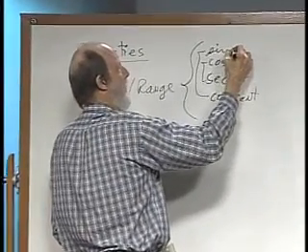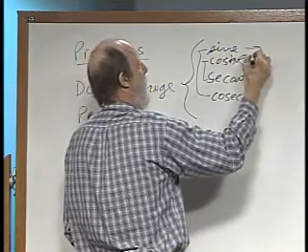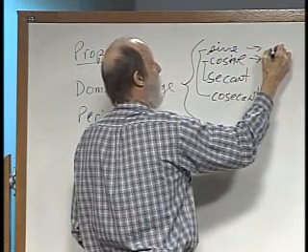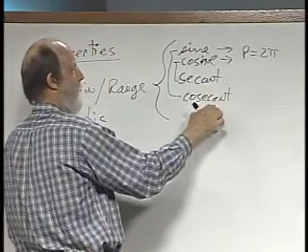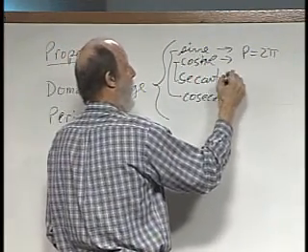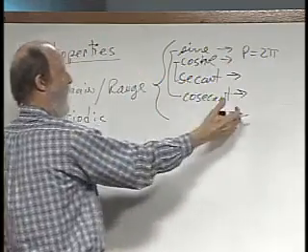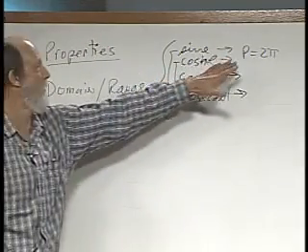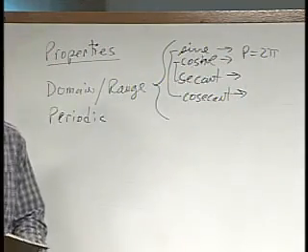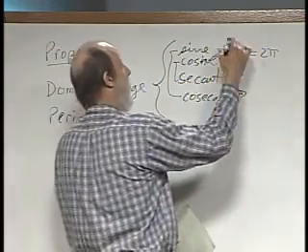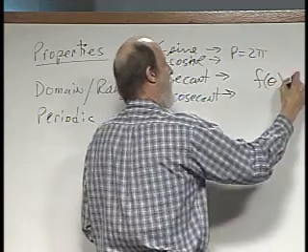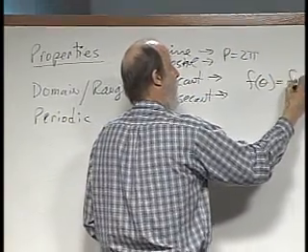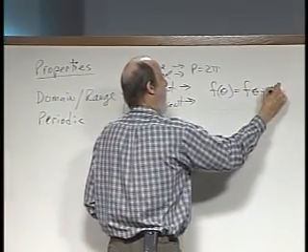Because the sine and cosine have periods of 2 pi, these reciprocal functions have that same period. So all 4 of these functions, 4 of your 6 trig functions, have a fundamental period of 2 pi. That means if you're calling these some f of theta, then f of theta is going to be the same as f of theta plus 2 pi.